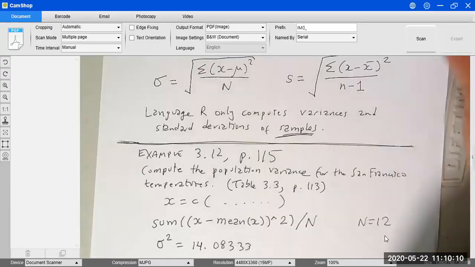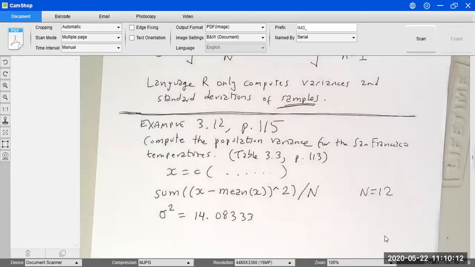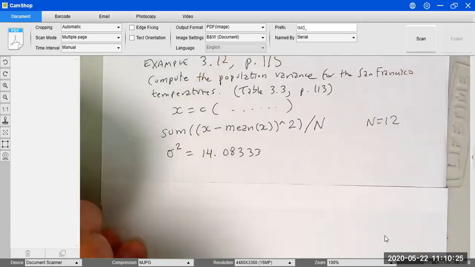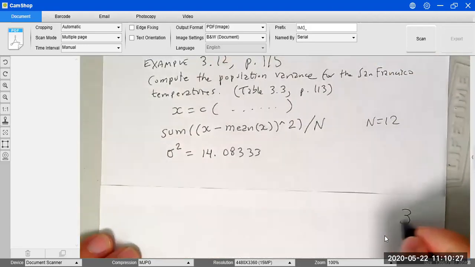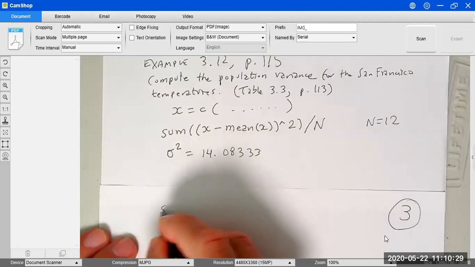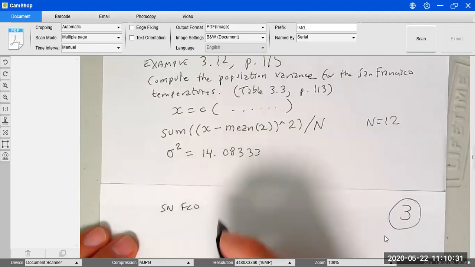So you just wrote here the variance. And you can do these computations also by hand. If you want to do the computations by hand, if you have a very simple calculator available, this is what you need to do to solve this problem. So we have the temperatures for San Francisco.